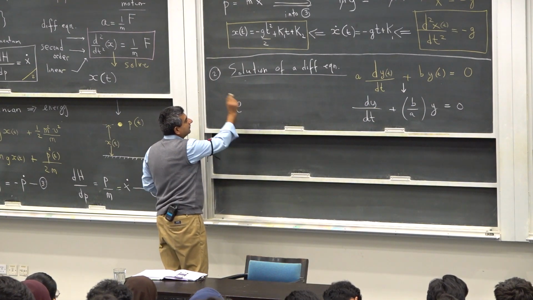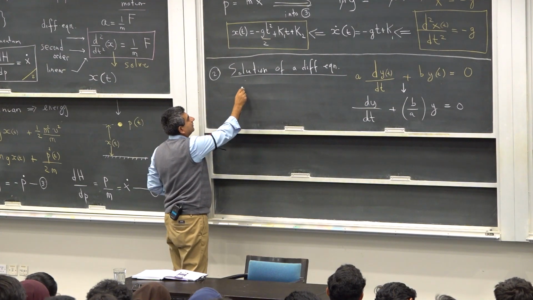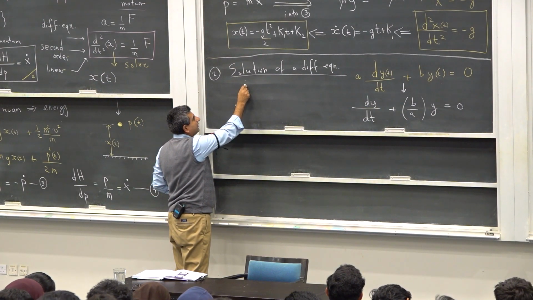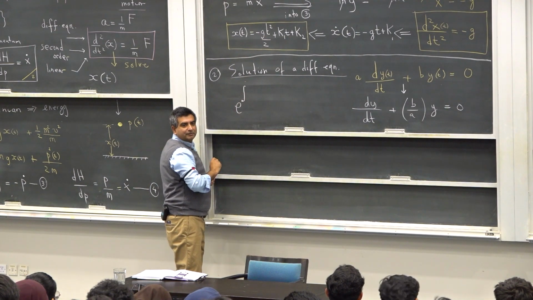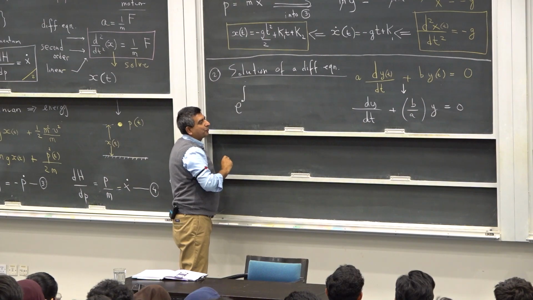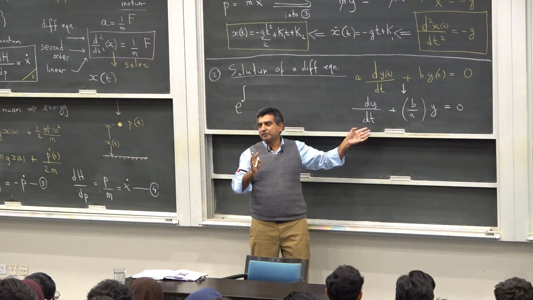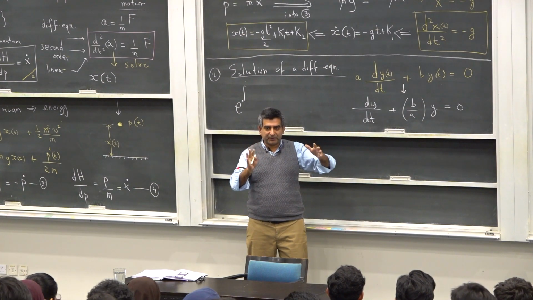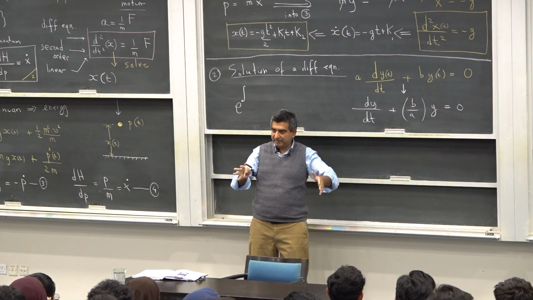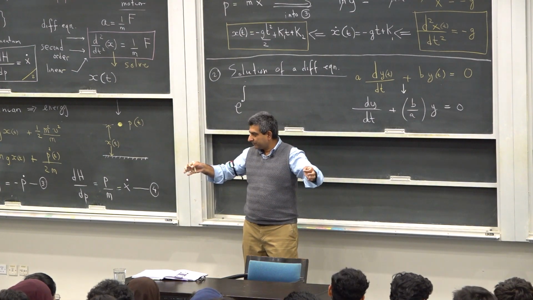I define e, and in its power I write down the integral with, now what's my parameter here? My parameter here is time. My variable is y, but my parameter is time. The variable varies with the parameter. So I'm looking at the time dynamics.